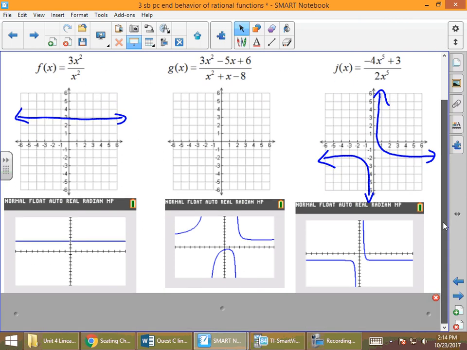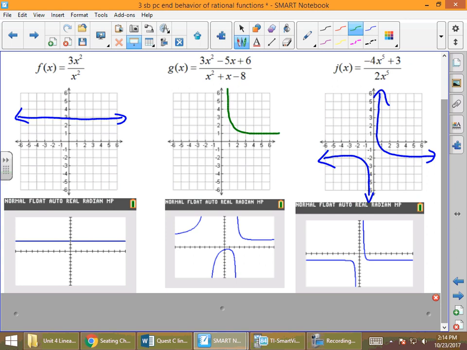It's the middle graph that's a little bit weird, but it looks something like this. What I want to particularly look at here on our tables for these graphs is, where is y going?